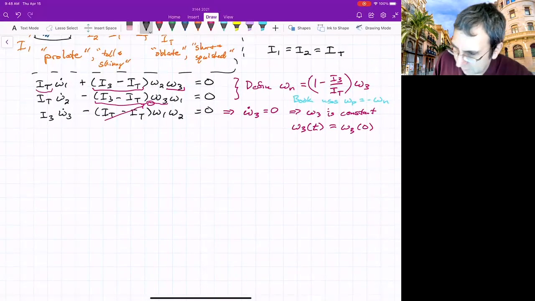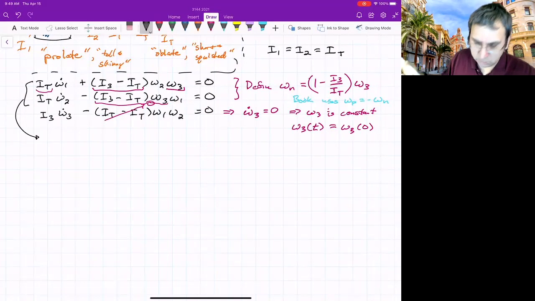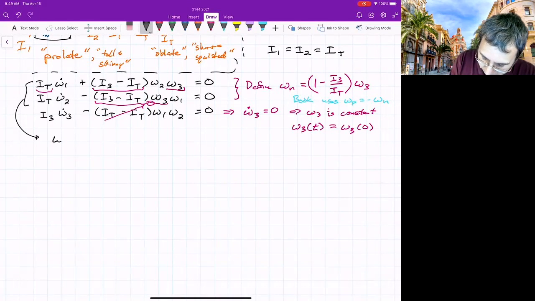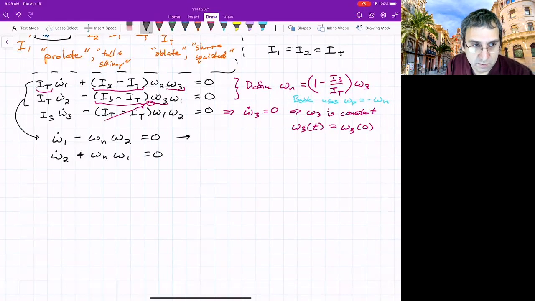So if I write out these two equations, the third one's solved once and for all, so I'm not going to get any more information out of it. What are the other two? I get omega 1 dot minus omega n omega 2 equals 0, and omega 2 dot plus omega n omega 1 equals 0. I could just take another derivative of each.